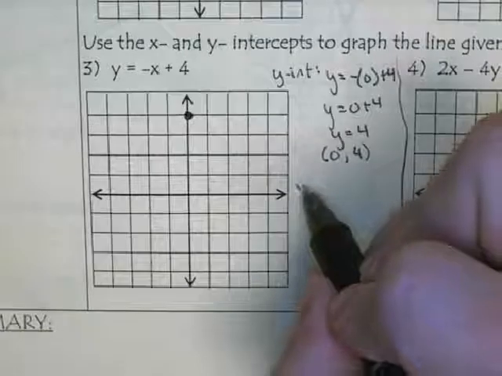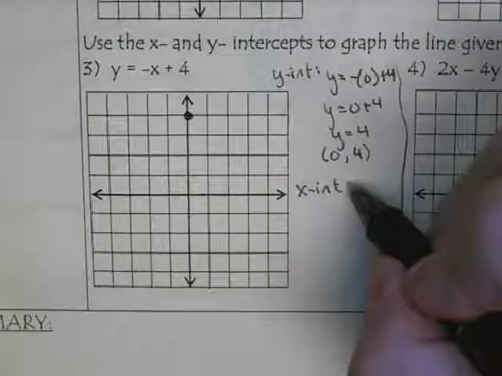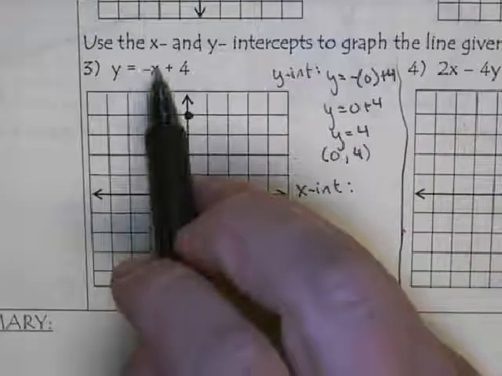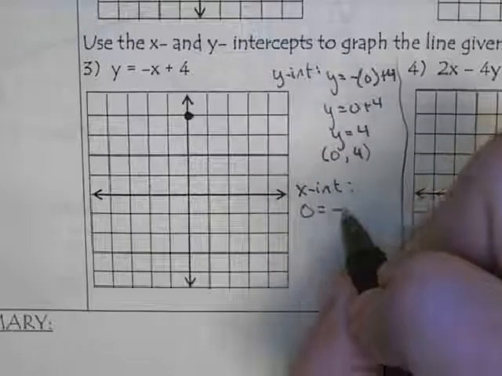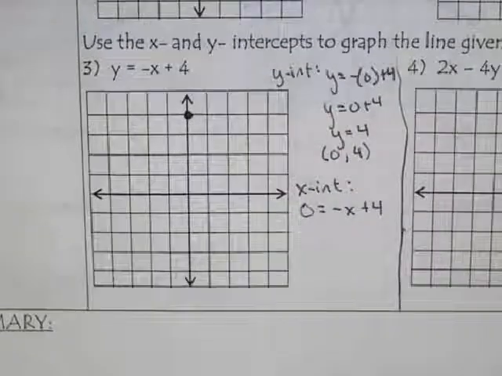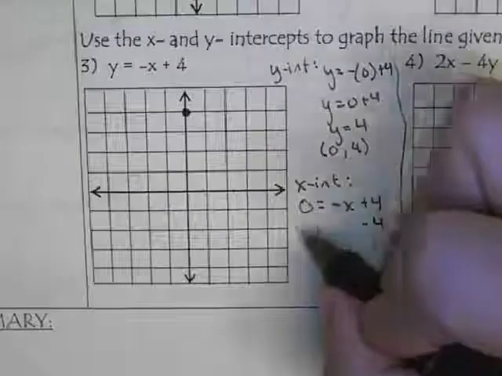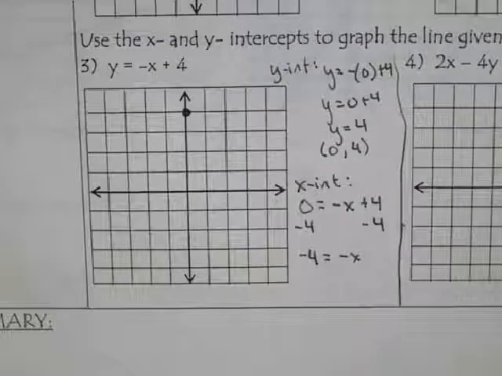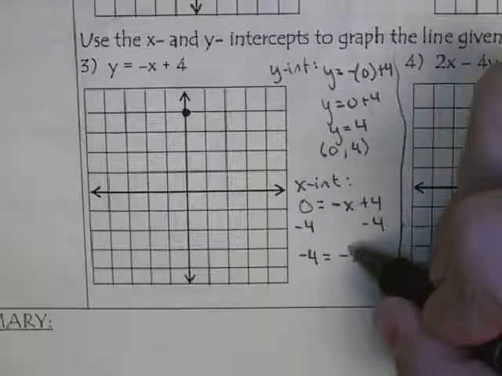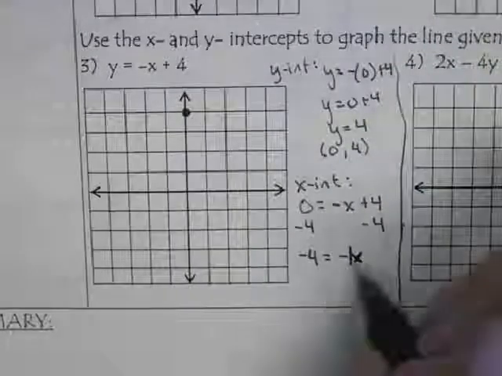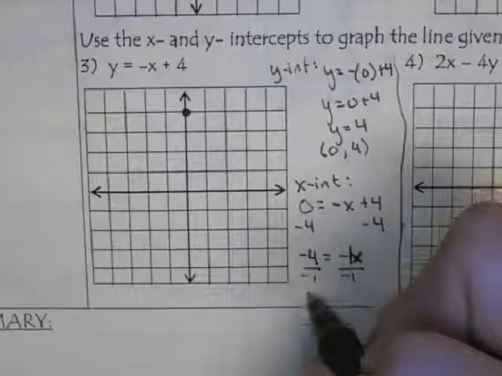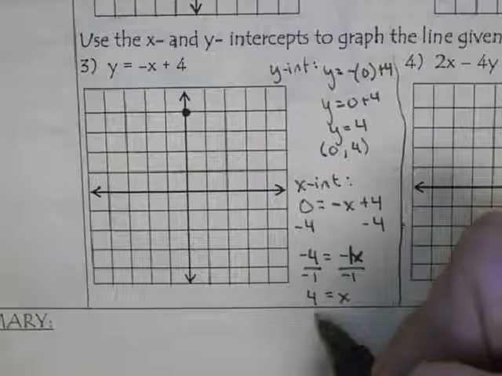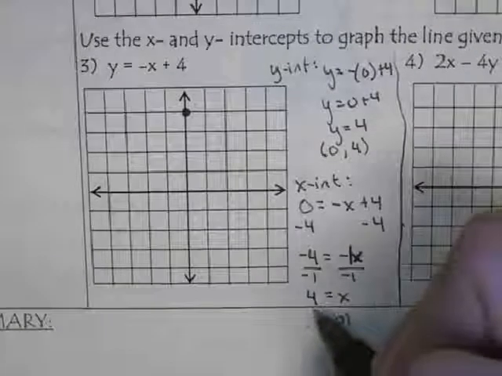Now let's find the x-intercept. Well, the x-intercept is when y equals 0. So I'll plug y equals 0 in, and then I'll solve for x. So 0 is equal to negative x plus 4. We'll subtract 4 from both sides, and I have negative 4 equals negative x. Remember, this is where that hidden 1 is right here. So to get rid of a negative 1 coefficient, I'll divide by negative 1, and we get 4 equals x. So I found my x-intercept is when x equals 4, or the point 4, 0.